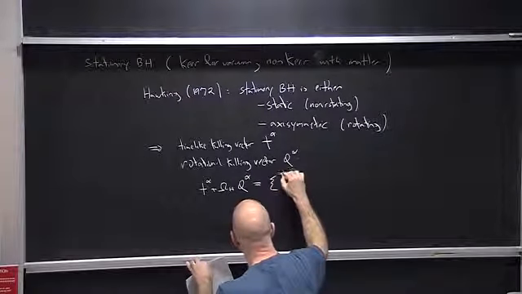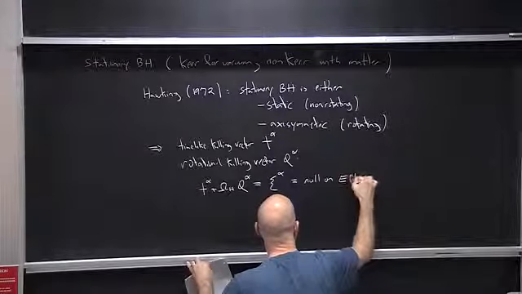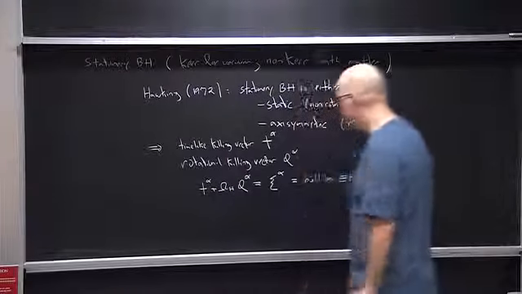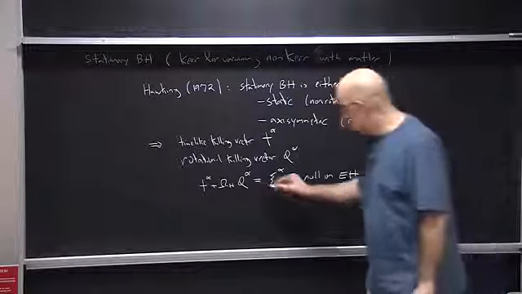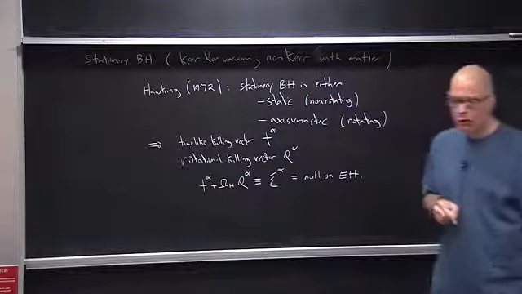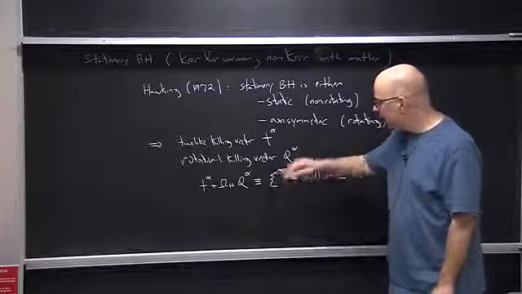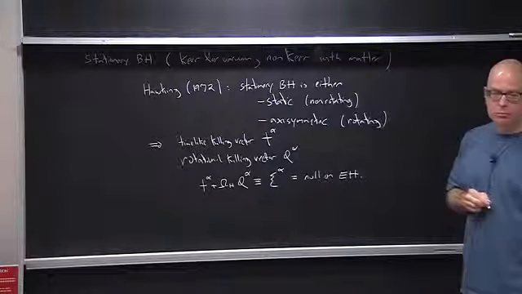I'm going to call it C, that's going to be null on the event horizon. So that's a definition for C. A linear combination of two Killing vectors with a constant coefficient is also a Killing vector. That Killing vector C, the statement is that it's going to be null on the event horizon.